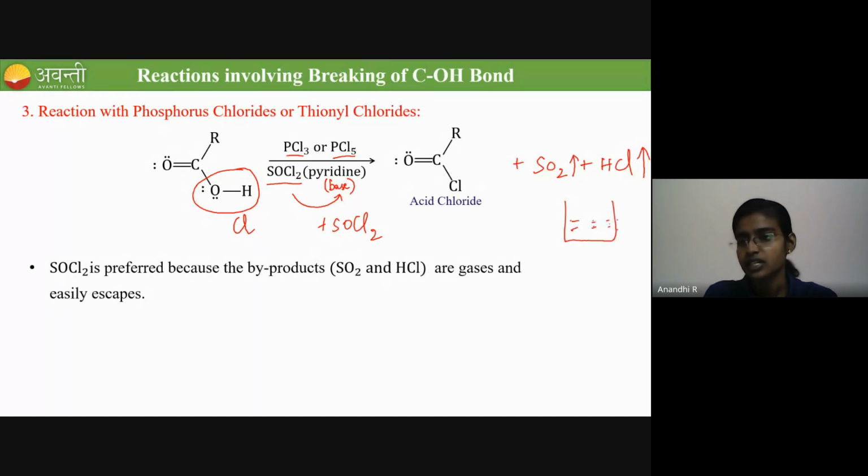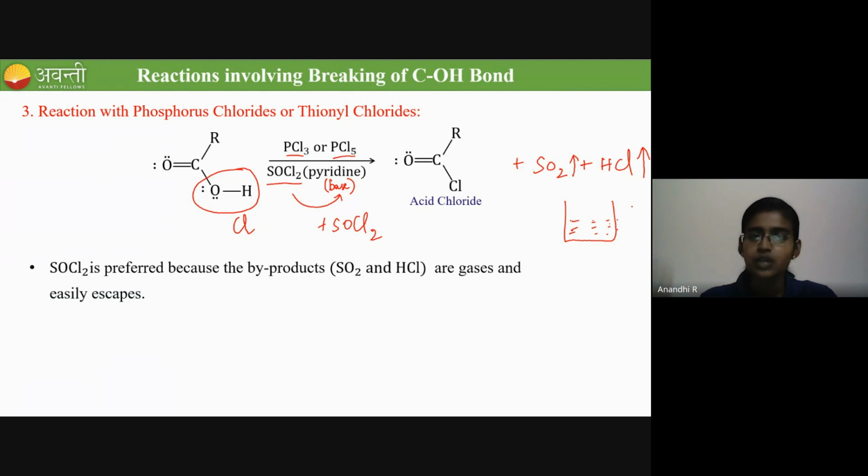Since the container is an open system, both the gases go out, and we will have only the acid chloride left in the reaction mixture. So we need not do the separation part if you are doing the reaction with SOCl2. You can directly get the pure compound from the system.